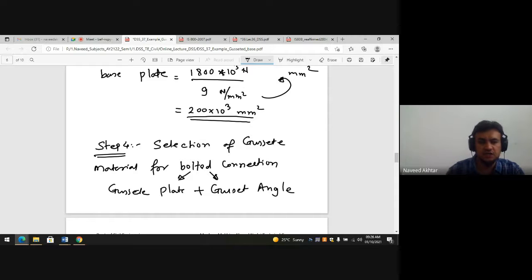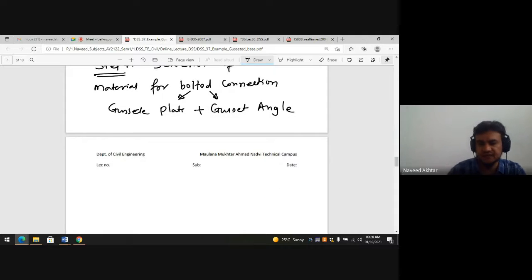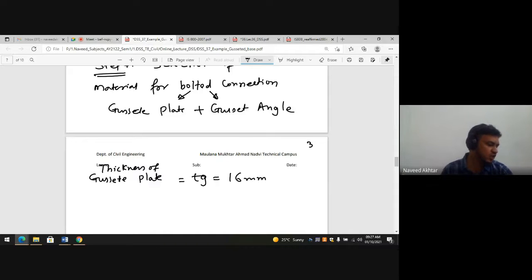Now you can select the gusset plate. The thickness of gusset plate, Tg, is equal to 16 mm. हमारा क्लॉज क्या था कि 16 mm से कम का गसेट प्लेट का थिकनेस मिलेगा.